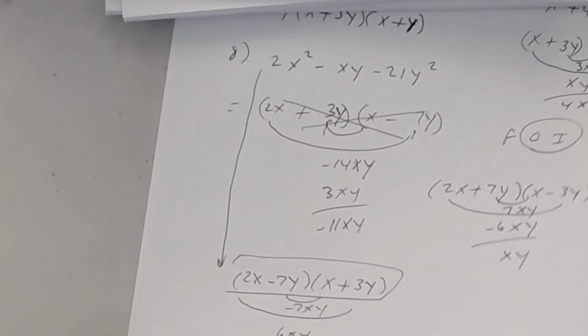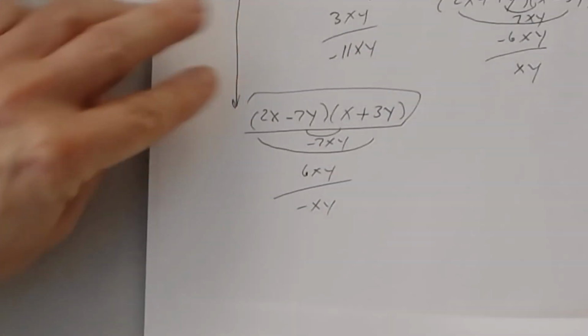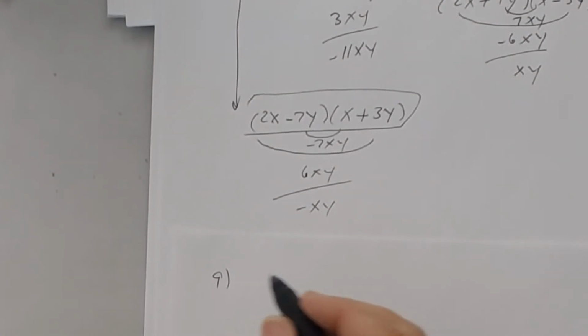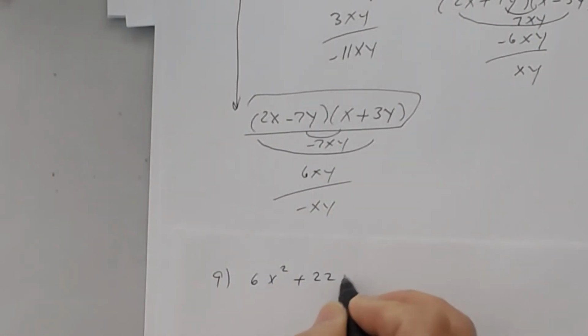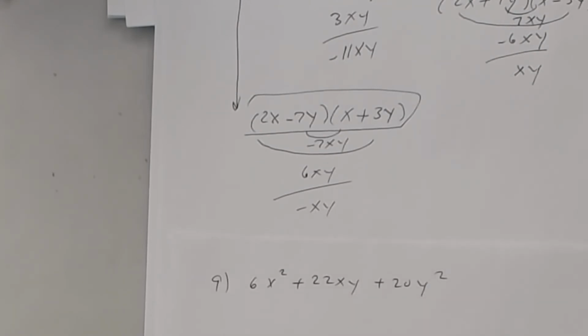Number 9. Okay, number 9, let's suppose we had this: 6x squared plus 22xy plus 20y squared.